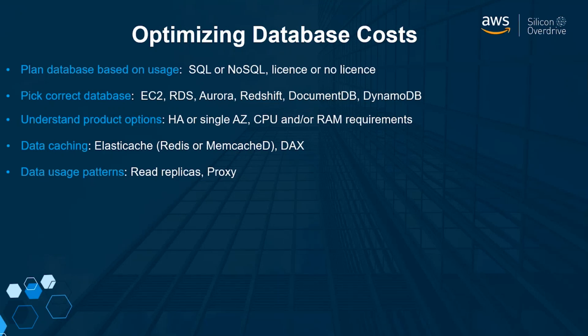Similarly, if you've got maybe a data warehouse or reports or PDF generation that happens on the back of transactions, that can just as easily be offloaded to query against a read replica, because you might find that if you've got a read replica, you don't need to increase the size of your master, and therefore the cost for running a read replica is less than increasing the size of your master.